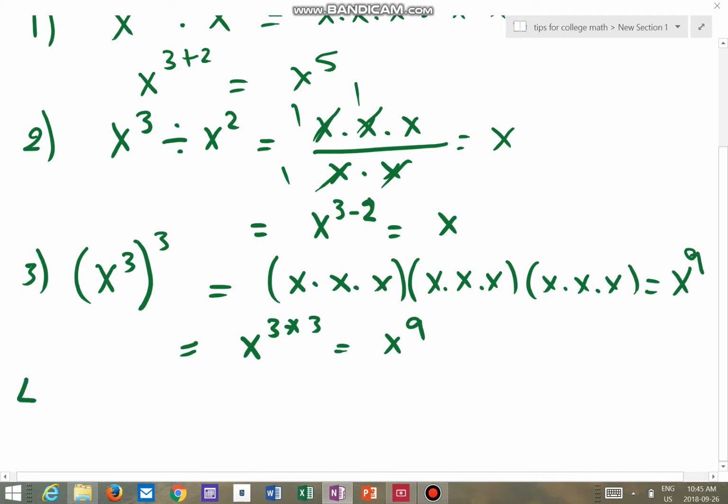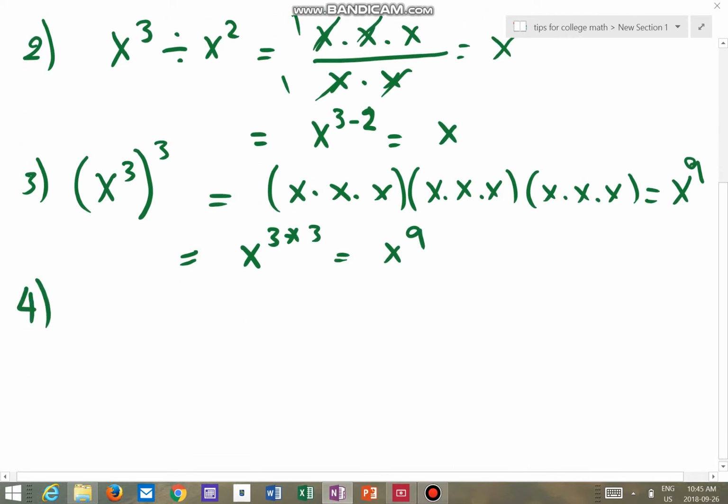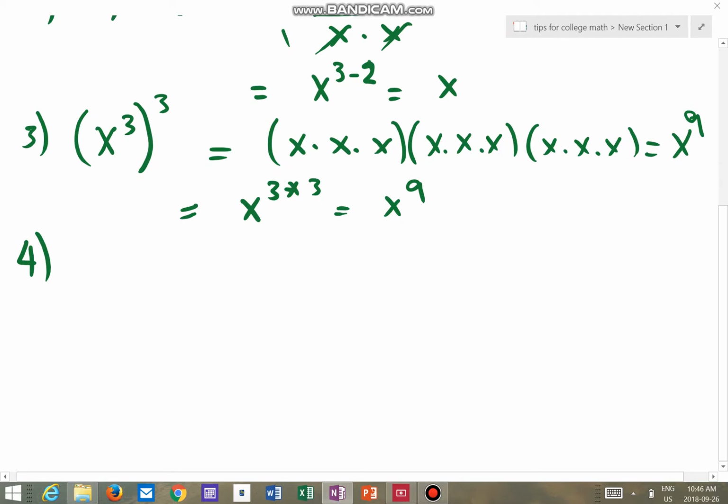How about fractional exponents? I know that some of us have trouble with fractions, but with this one, I don't think that you're going to have any trouble. So if I have square root of x squared, what answer do you get? Well, square root of x squared usually is x, right? The idea is, how do I get that even if I have a more complicated root?